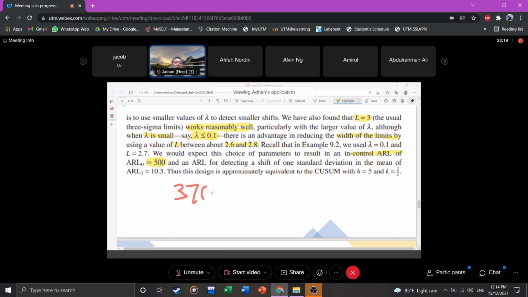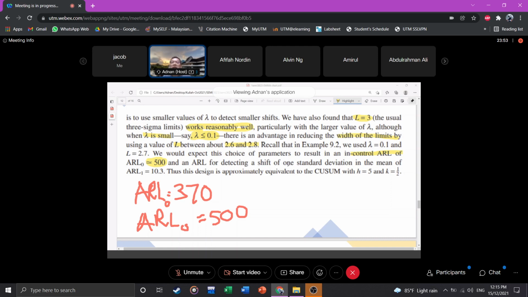For the Shewhart control chart, the X bar chart, the ARL for a stable process is 370. But in this EWMA, the ARL can go to about 500. So this is considered a good control charting procedure because it gets fewer false alarms.